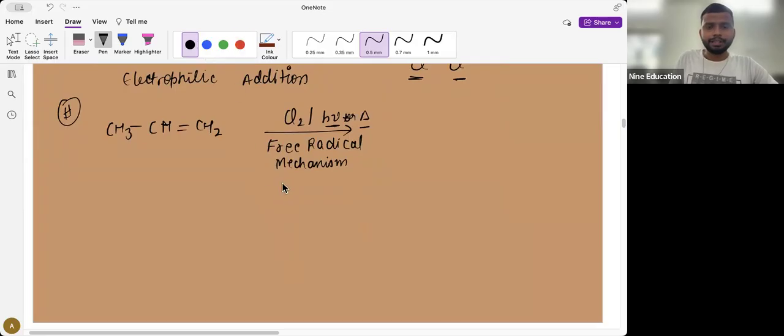This Cl-Cl will break homolytically, beta. Homolytic cleavage will happen. Cl radical and Cl radical will be formed. So this Cl radical and this Cl radical will induce here. Let's say I write the direct product first, then you will come to know.